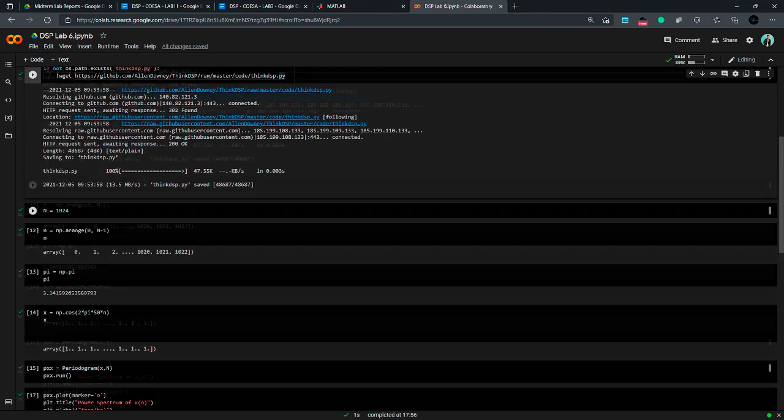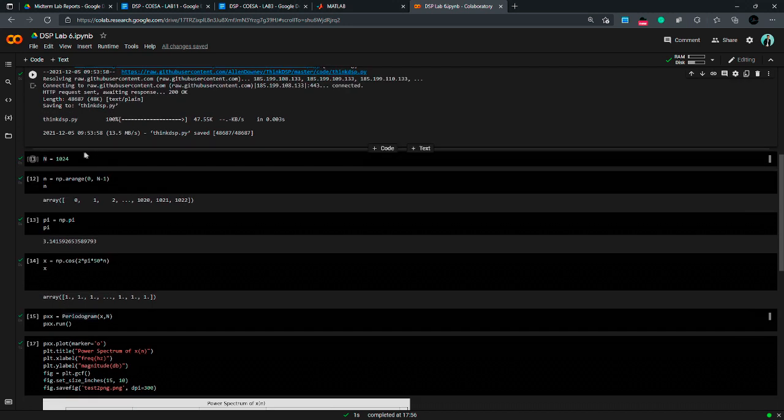And now let's move on to the actual code for the activity. First, let's instantiate our variable N. We could place any number here; for the purposes of this activity, let's have 1024. So the small n is np.arange(0, N minus 1), which is, of course, 1023.